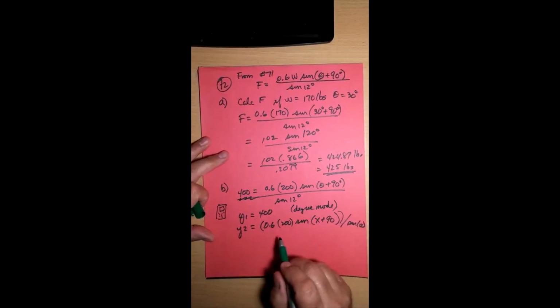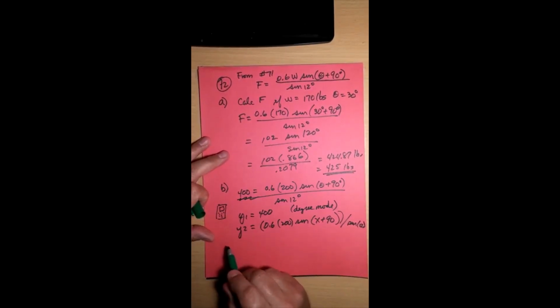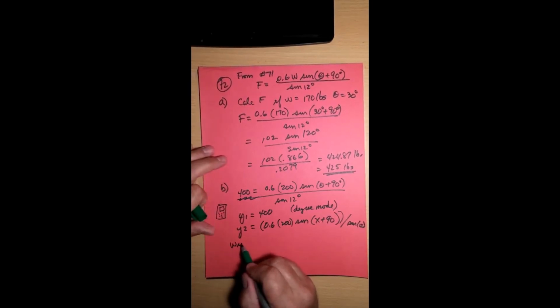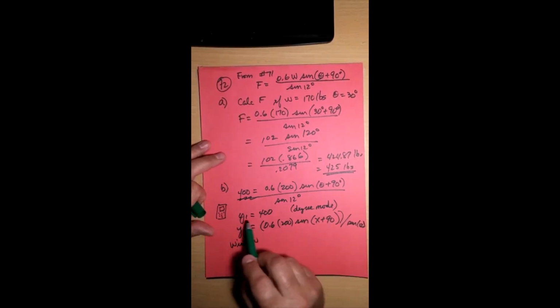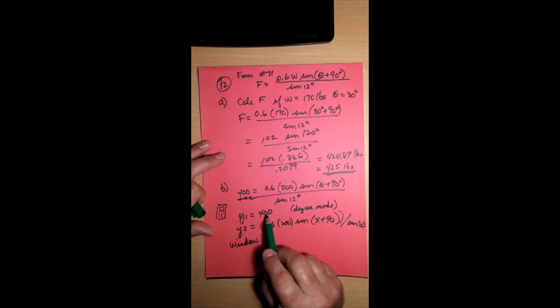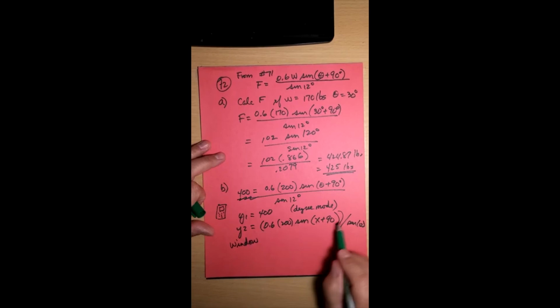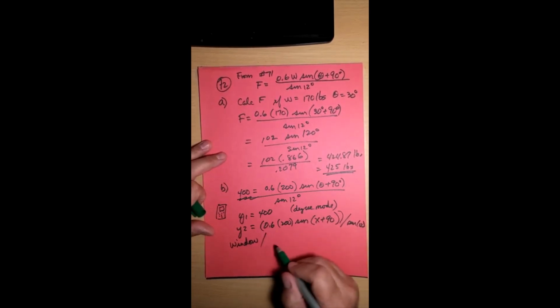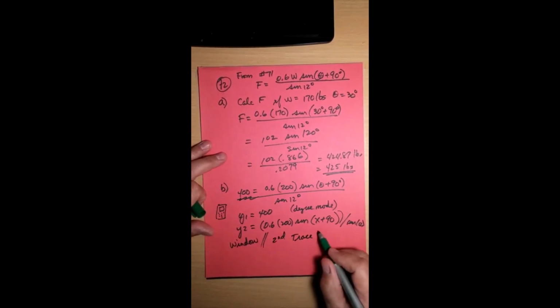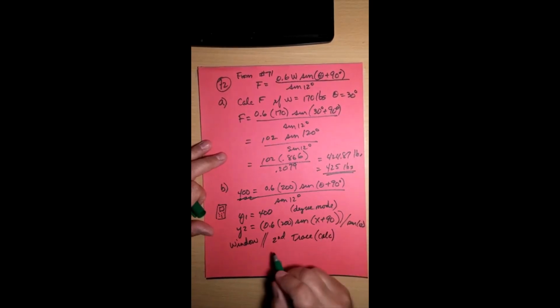When you graph these two, you find out where they intersect. You have to make the appropriate window, and I'll let you try to figure that out a little bit on your own. Remember, this is going to be at 400, so y max has got to be at least 400. And you might have to see where these two things cross by making your window larger. But then you can go to second trace, which is really the calc menu, and number 5 is intersect.